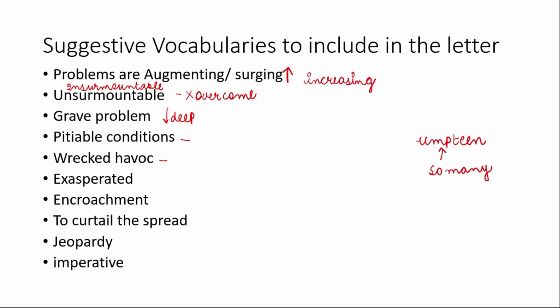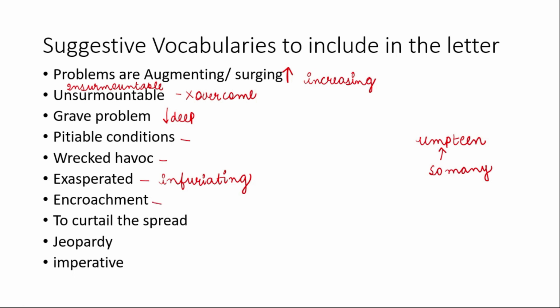Exasperated means it has made you really angry. Another synonym is infuriating. If something has made you really angry, you can say that was exasperating, or it was infuriating to know that I have received the wrong product.